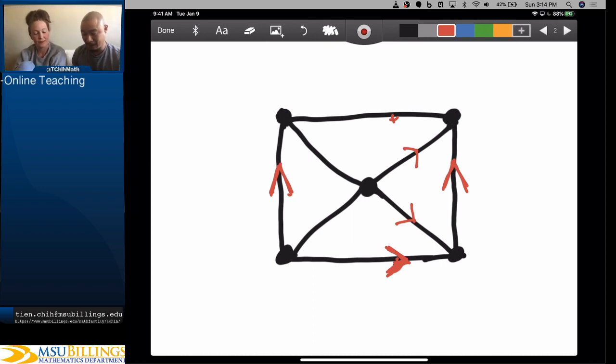Let's think about what's left now. There are only three edges left. I can't put one out here going out because that would turn this into a source. If I drew one here, it would have to go in. If I drew one here, it would have to go out this way.